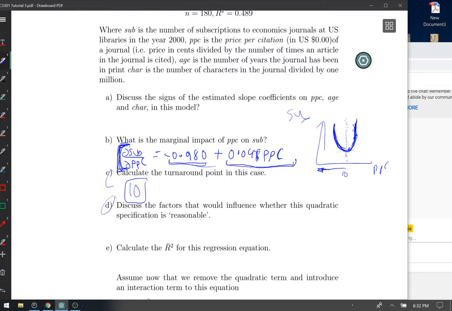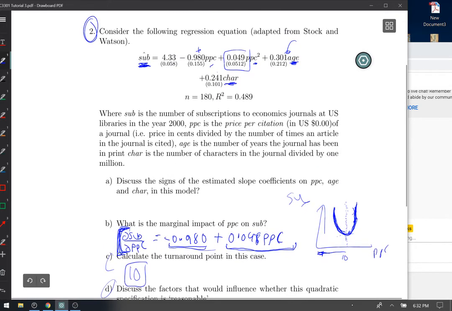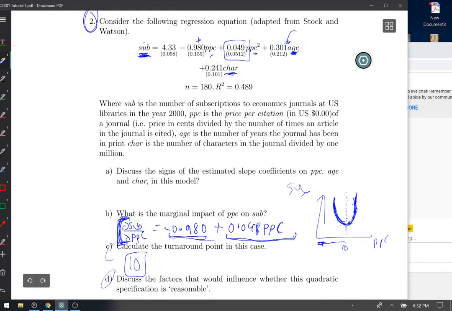Another thing you could say is that it's likely here that the model is going to have omitted variable bias, or there's going to be simultaneity, because we know that demand and price are determined together. So it does actually make sense, in this model as it's estimated, that when price per citation increases, demand will go up. Think of the most expensive, the better journals.